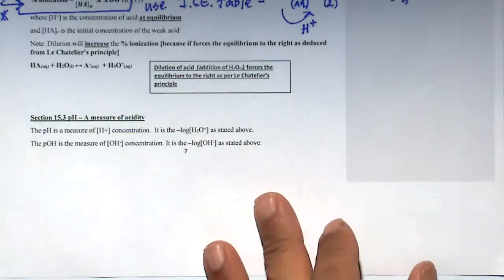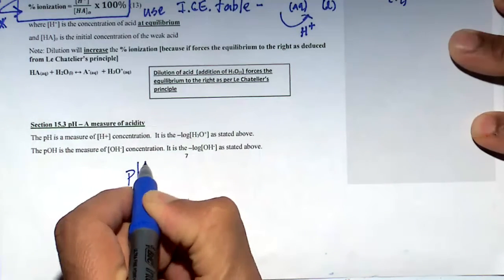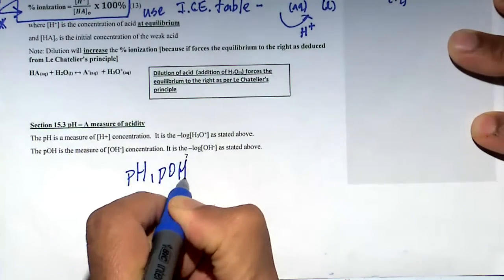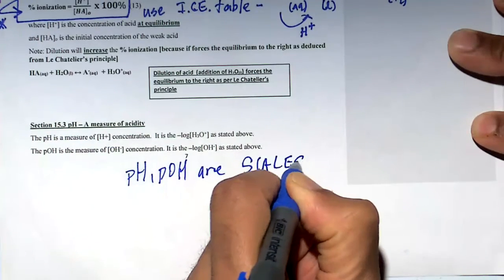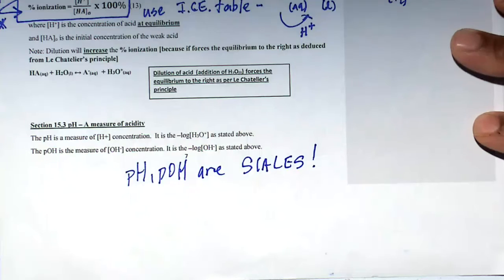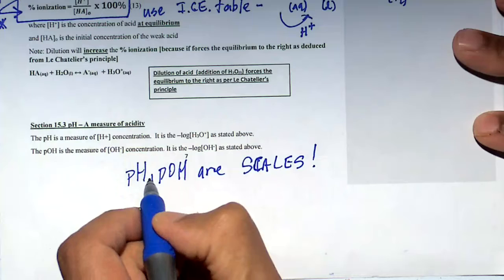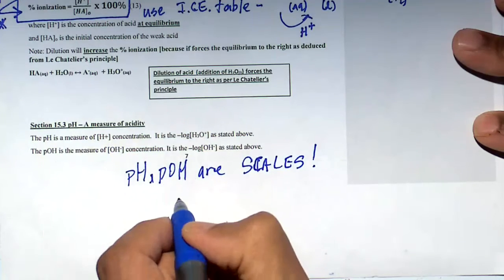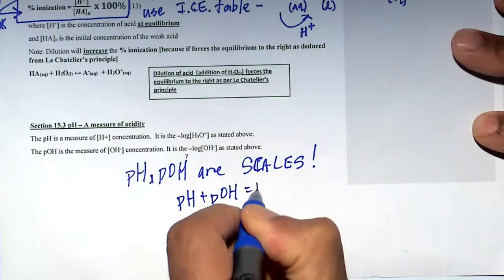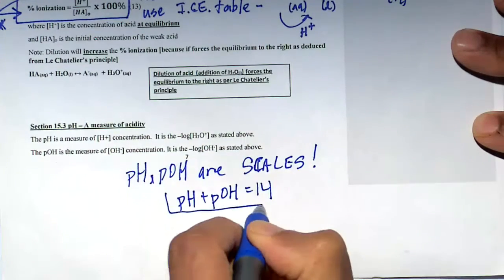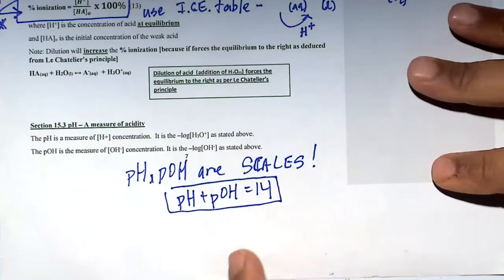So pH is a scale, just like pOH, it's a scale. pH scale, pOH scale. And remember, our general equation is this: pH plus pOH is equal to 14.